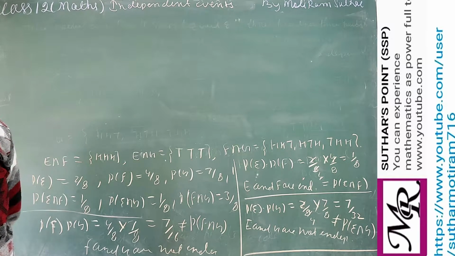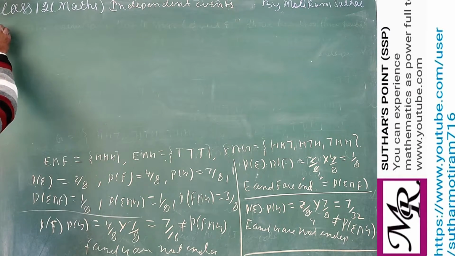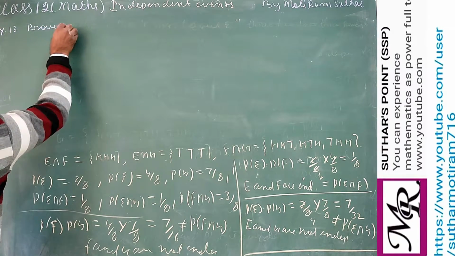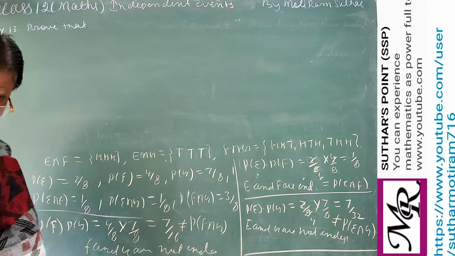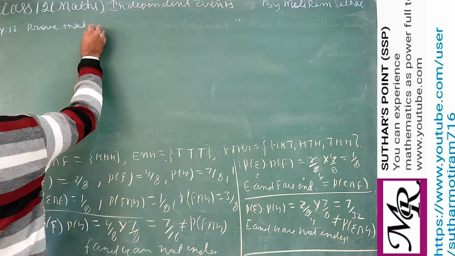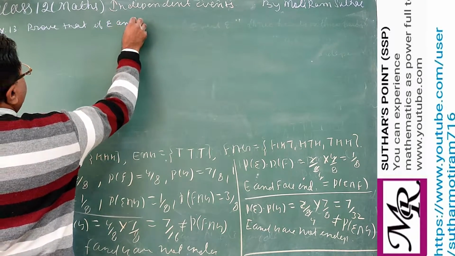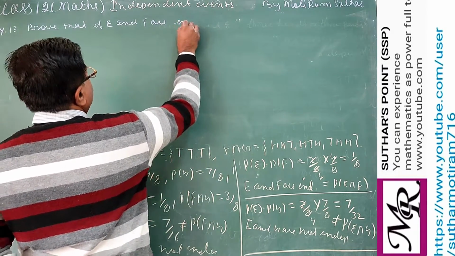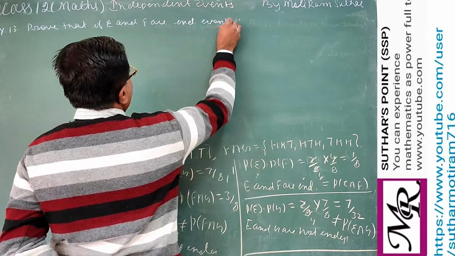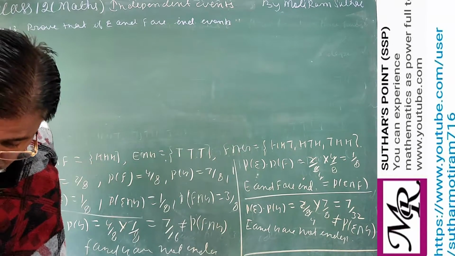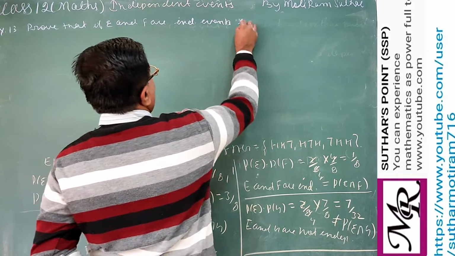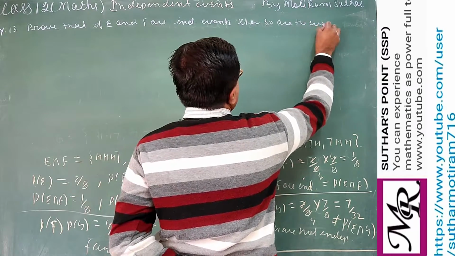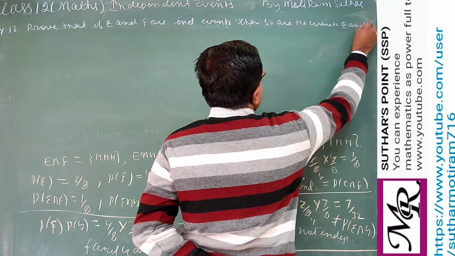Prove that if E and F are independent events, then so are the events E and F naught.